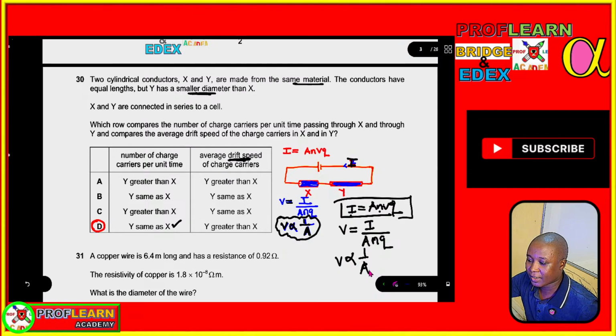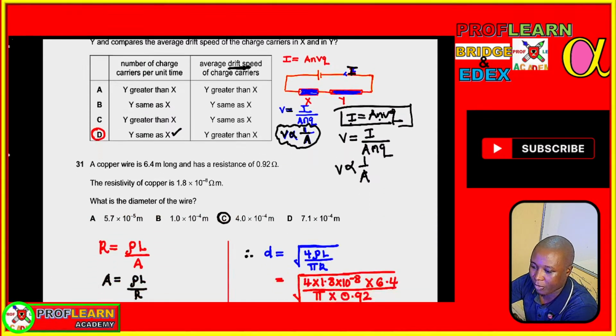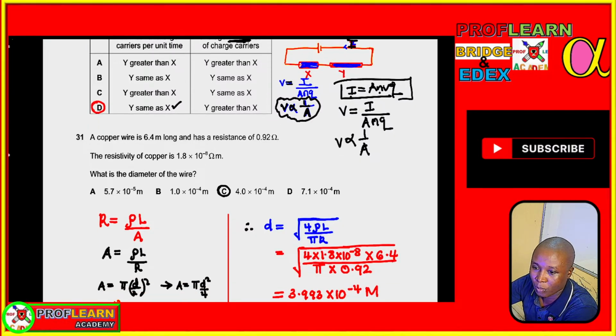If the area is small, the drift velocity is going to be larger. So the average drift velocity in Y is going to be greater than in X because X has a larger diameter, and if we have a larger diameter, the cross-section area is going to be larger. So basically that's what we are going to do, and our correct answer in that case is going to be D.